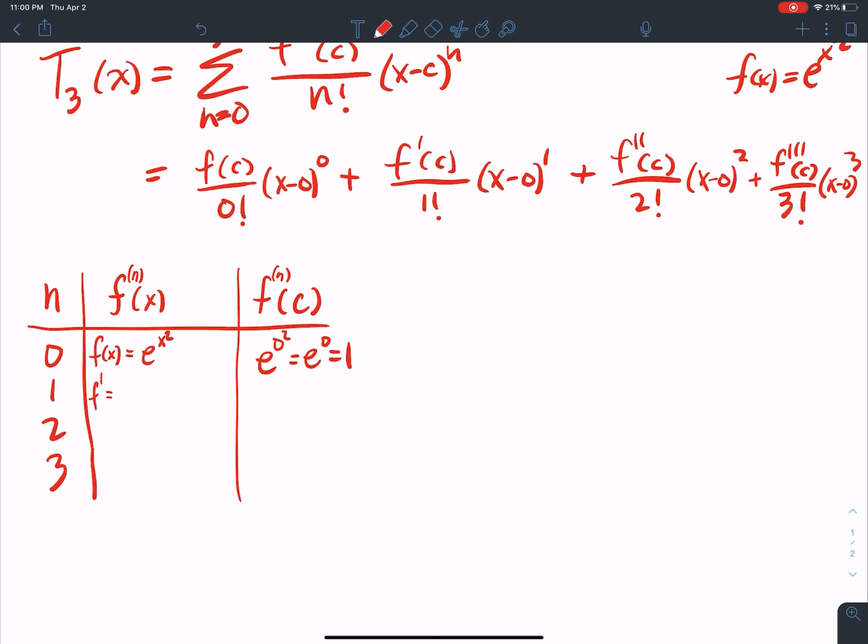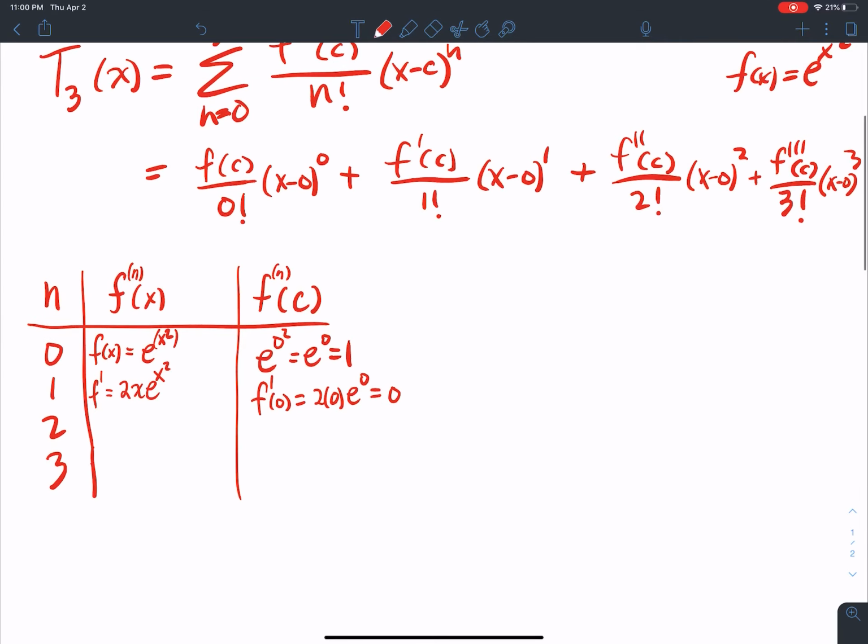It's a chain rule, right? e to the x squared gives 2x e to the x squared, right? Now, if I evaluate this f prime at 0, what do I get? I get 2 times 0 times e to the 0. That's 0, right? Multiply anything by 0, you get 0.